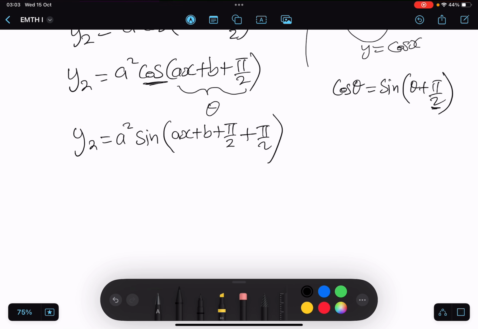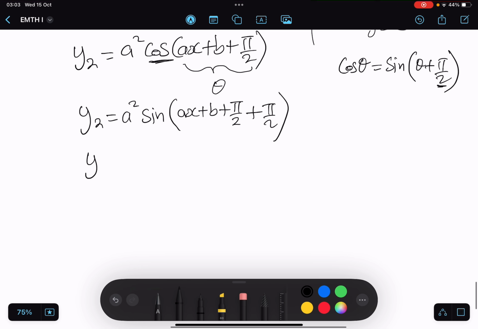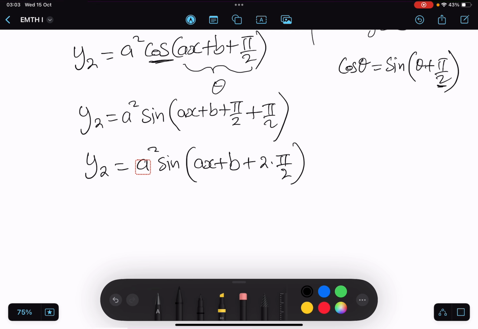This was theta, then I added another pi over 2. So now allow me to write this as y2 is equal to a squared sine ax plus b plus 2 times pi over 2, isn't it?